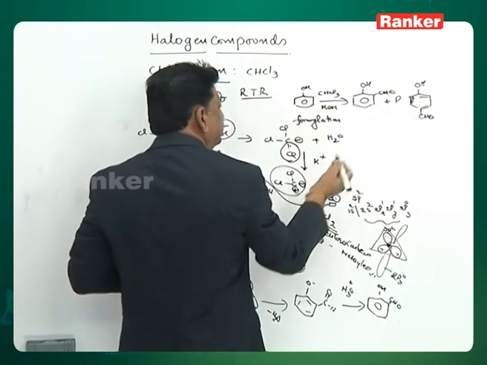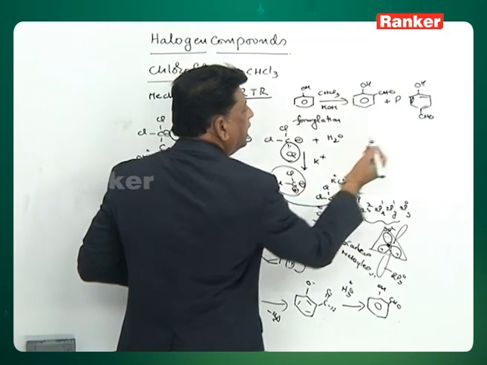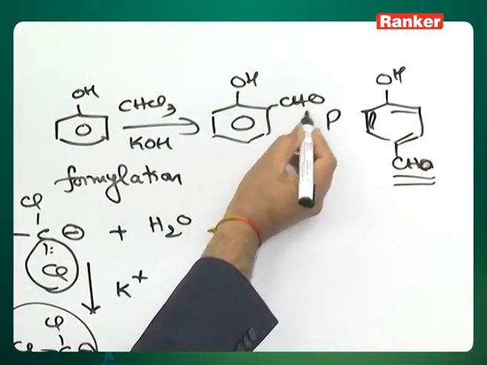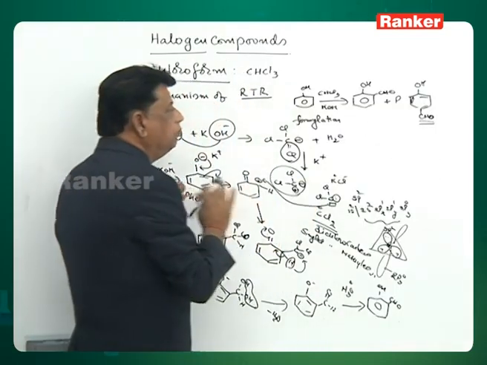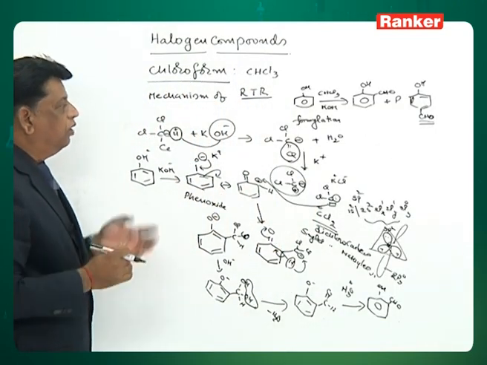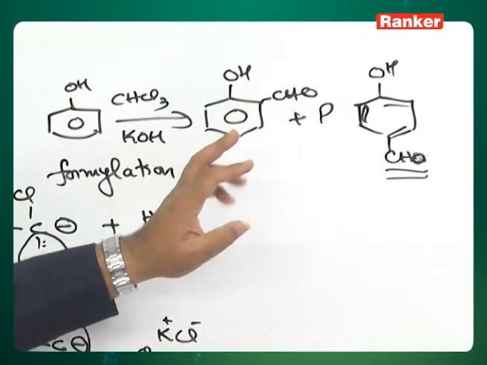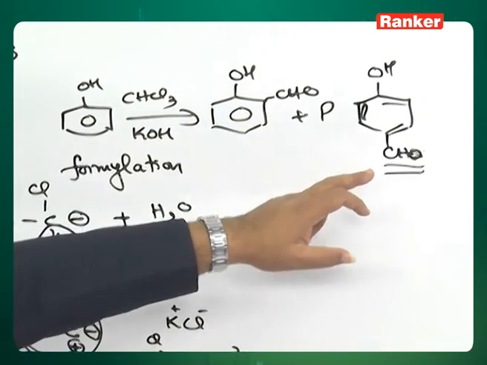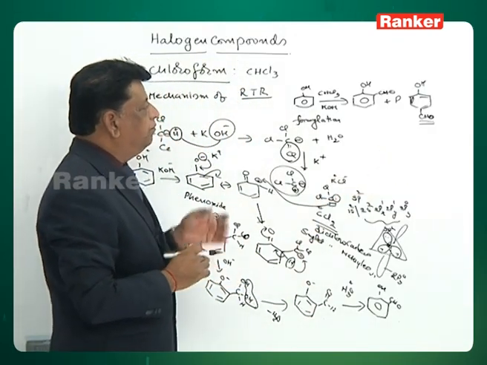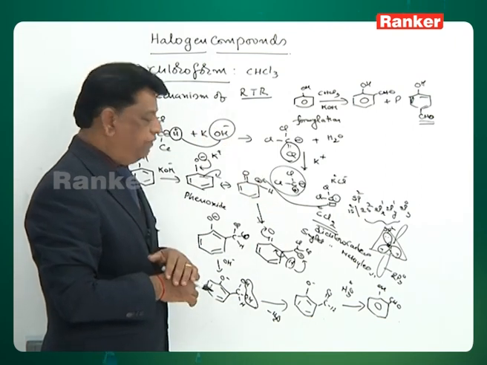So para aldehyde also you may get, and an ortho and para mixture will be formed. Only the ortho one has a specific name, salicylaldehyde. Para has no specific name; you call it hydroxybenzaldehyde or formyl containing phenol.